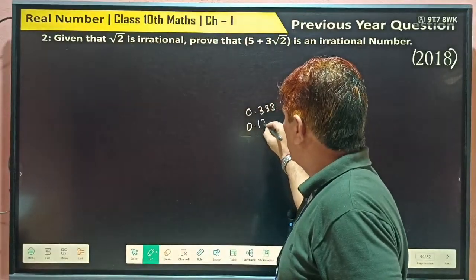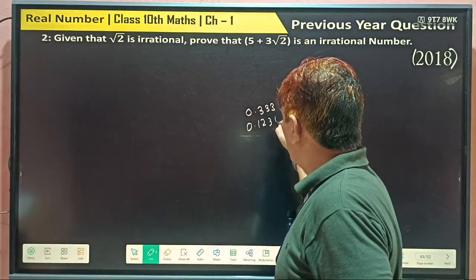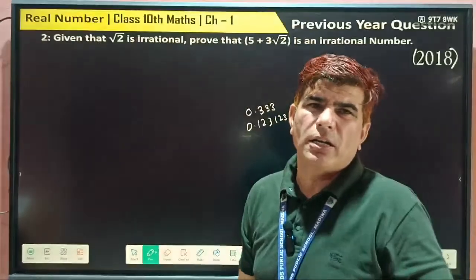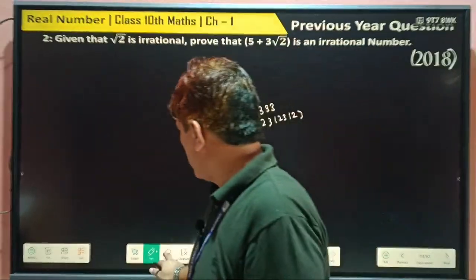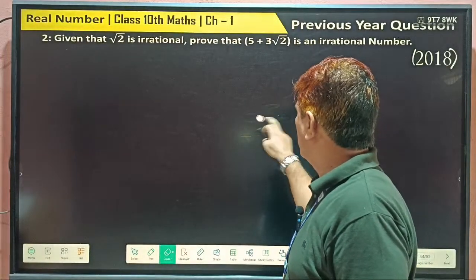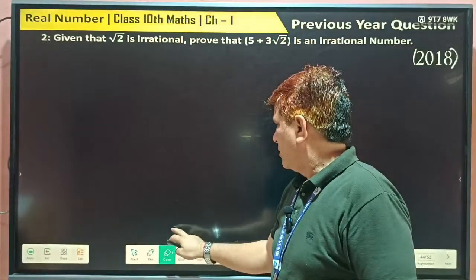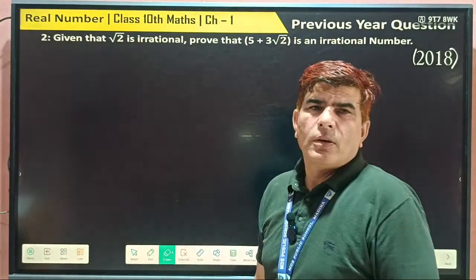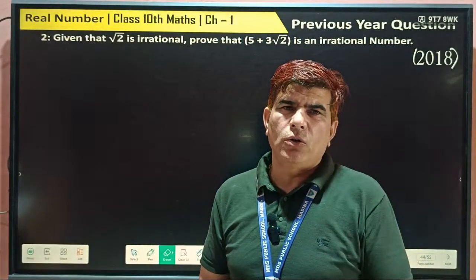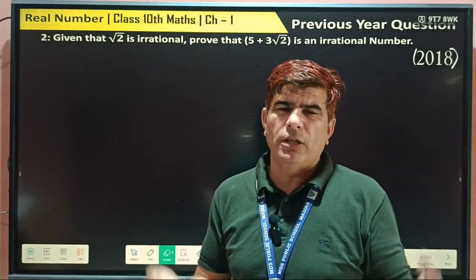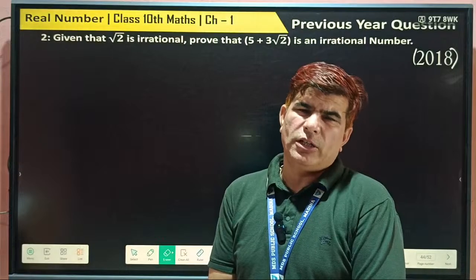Non-recurring: 1 2 3, and then 1 2 3, then 1 2 3. This is repetition after a finite number of steps, the same steps coming again.